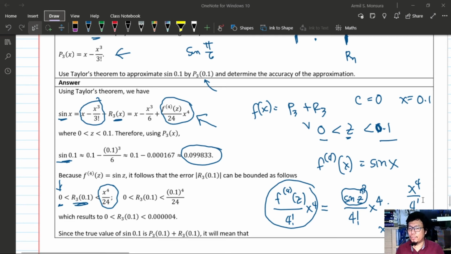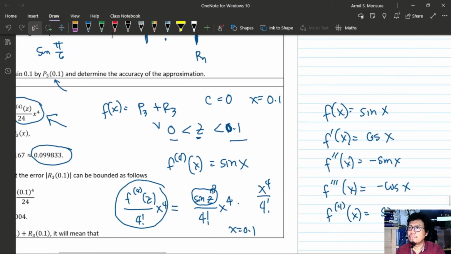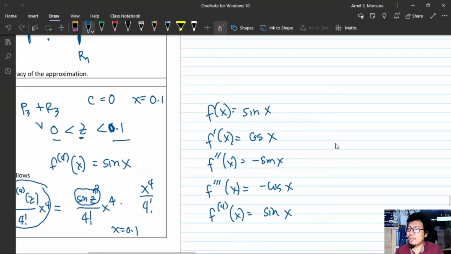So think of it this way. For us to determine the upper bound, the exact value of the error is given as sin z over 4 factorial times x raised to 4.